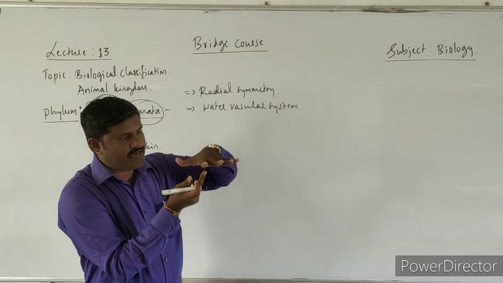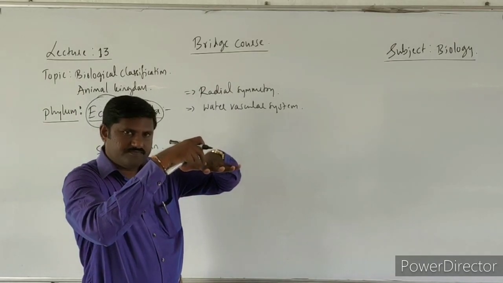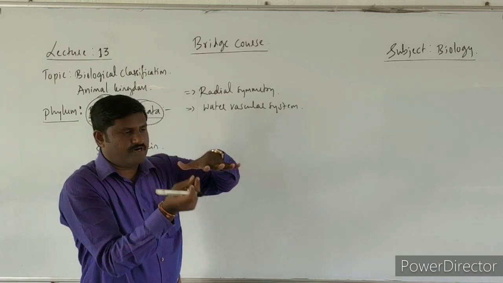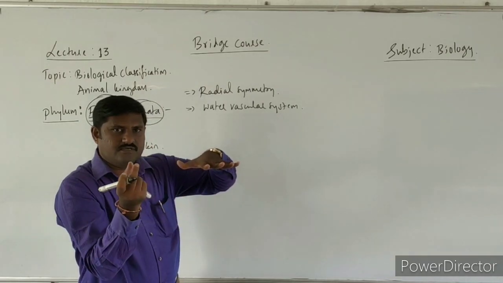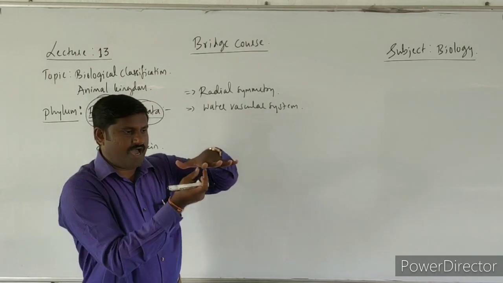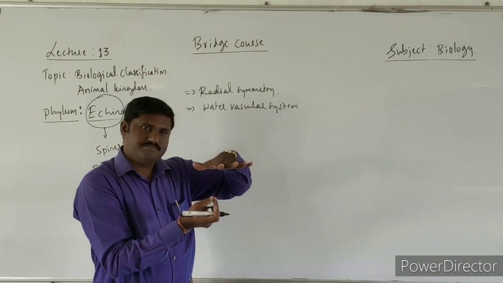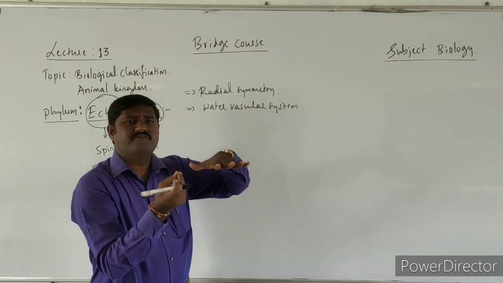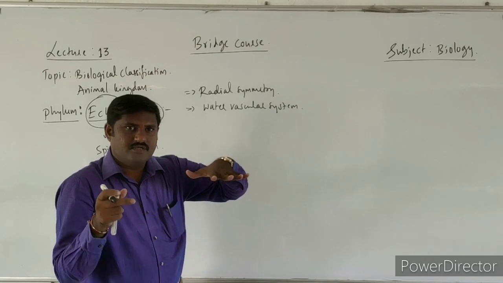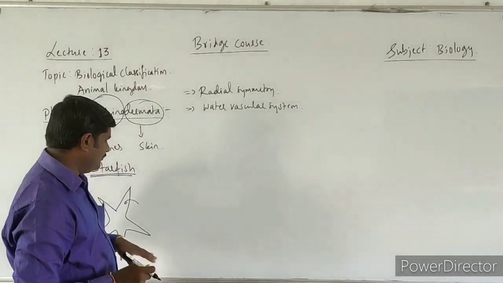And those tubular structures, soon after the entry of water, become so hard or stiff, and look like feet. Hence those are called tube feet, and they become the locomotory organs of this animal, right?